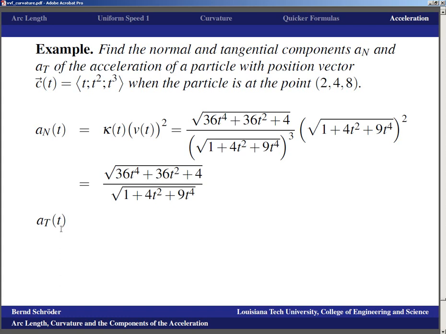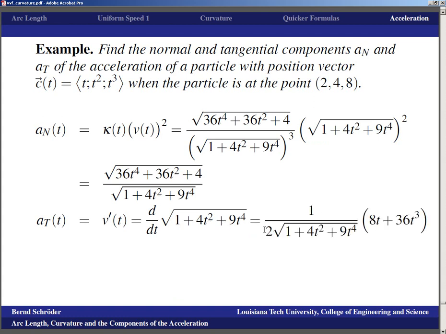If we're looking at the tangential component of the acceleration, that was the derivative of the speed, and so that'll be the derivative with respect to time of this thing that gives us the speed, this square root. So it's the derivative with respect to t of square root 1 plus 4t squared plus 9t to the fourth. And the derivative of a square root is 1 over 2 times square root of whatever was inside, which is the 1 plus 4t squared plus 9t to the fourth, times chain rule, derivative of the inside 8t plus 36t cubed.